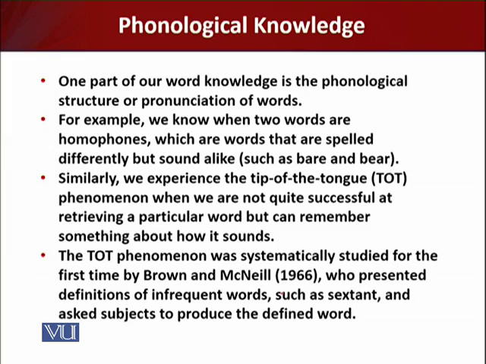For example, we know when two words are homophones, which means words that are spelled differently but sound alike, such as bear and bear. These are homophones. Their spellings are different, B-A-R-E and B-E-A-R, but they are pronounced alike.